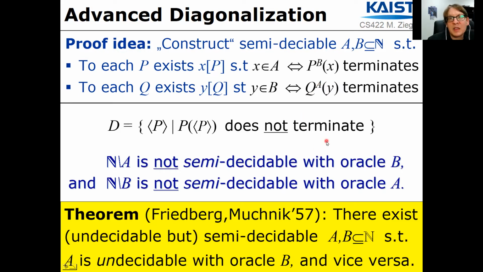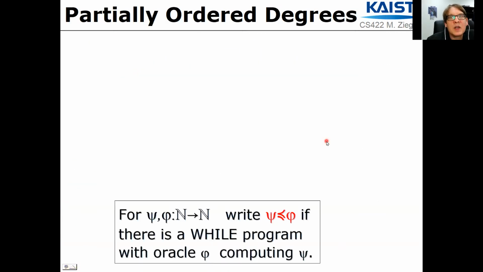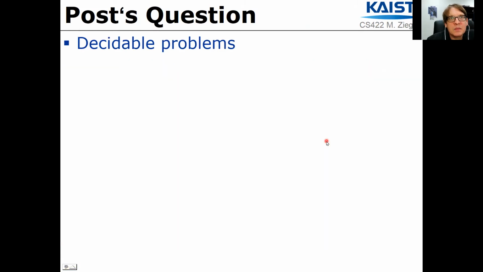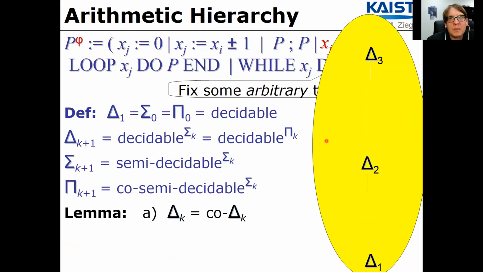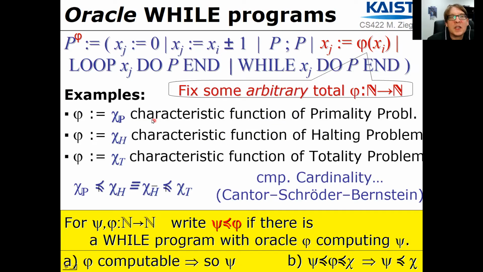Let me revert a little bit back to when we talked about oracle while programs. Right here, those are oracle while programs, and we considered example characteristic functions as oracles. So when we talk about P with exponent phi, it means phi is the oracle.